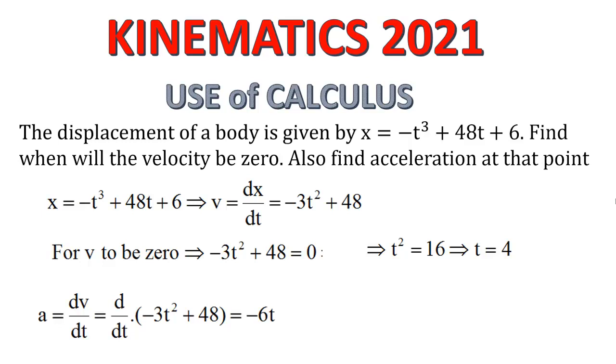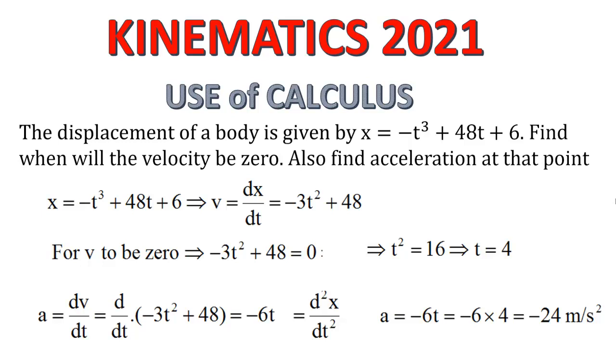It is not a uniform acceleration. Obviously, because it was t cube in the displacement expression, it has to depend on time. Now time is given to us as 4. Take this 4 and we get the value negative 24 meter per second square. I hope this is clear to you now.